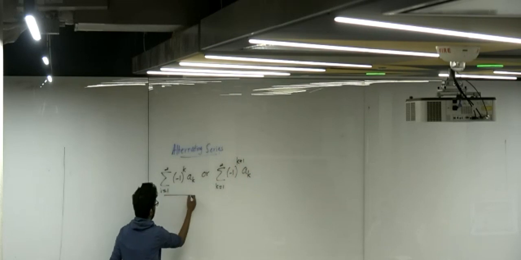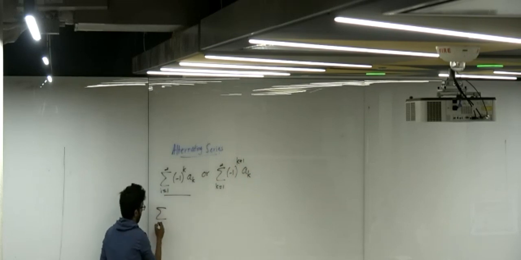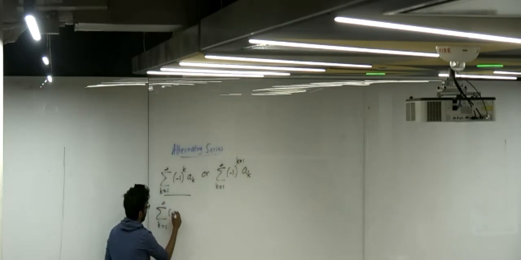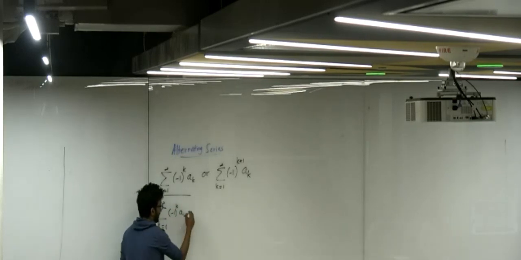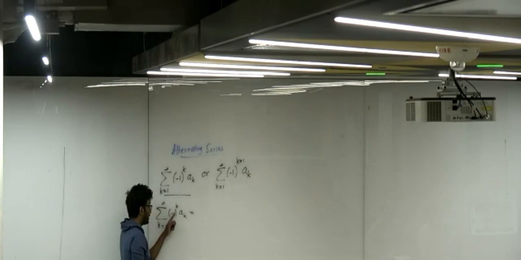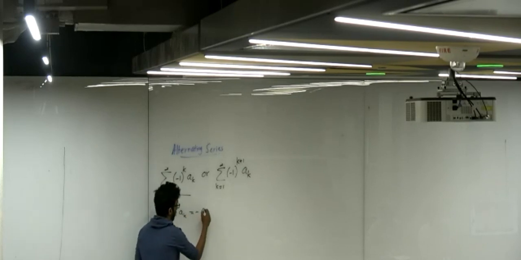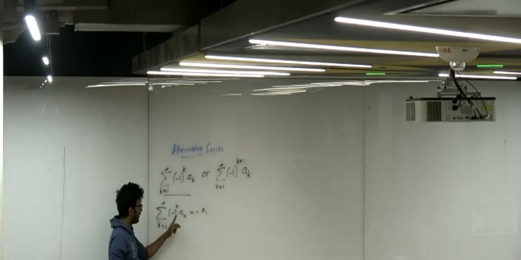So this is the reason, right? First consider this one: summation k goes from 1 to infinity, negative 1 to the power k, a_k. Suppose this is a series, and if you expand this, what would you get? If k is 1, you would get negative a1.